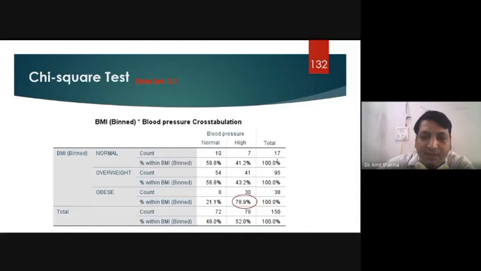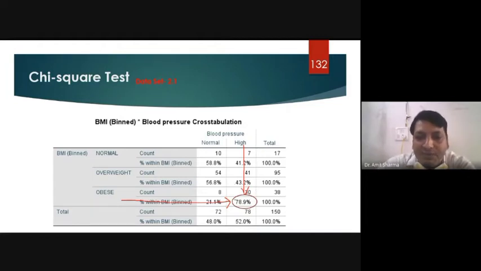That means the maximum proportion was seen under the high blood pressure and people having obese category. And you can write that the persons who are obese, it will be assumed that their blood pressure will be high most of the time. Okay? Like this you can quote.